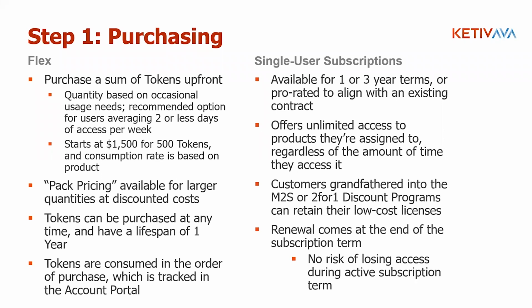Tokens can be purchased at any time. They have a lifespan of 1 year, and they're consumed in the order of purchase. So if you were to buy 500 tokens now to utilize for Flex, and 3 months down the line, you do feel that you need to increase the quantity of tokens because of the consumption rate that you're tracking, you can add another 500 tokens at that time, even if you haven't completed the consumption of the first 500, maybe there's 200 left.